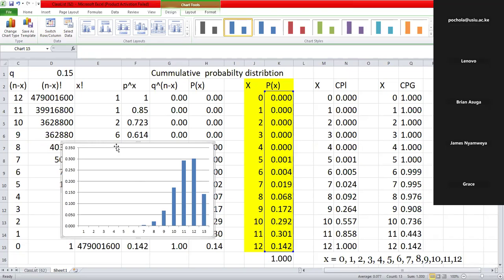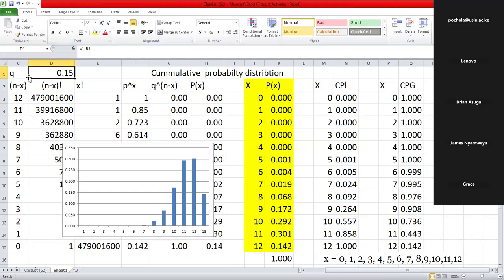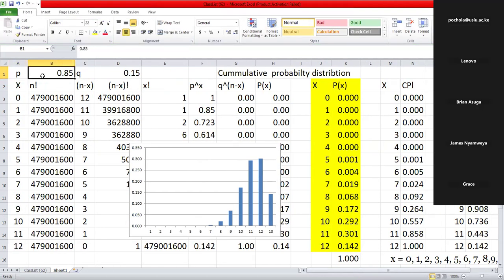What was the probability P? P was 0.85, is it? Yes. So this doctor has a higher likelihood of getting successful surgeries, just by P alone.